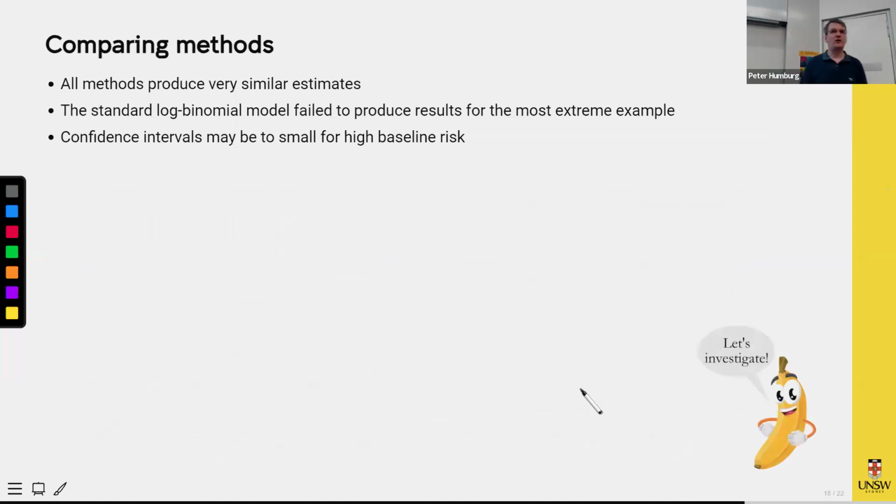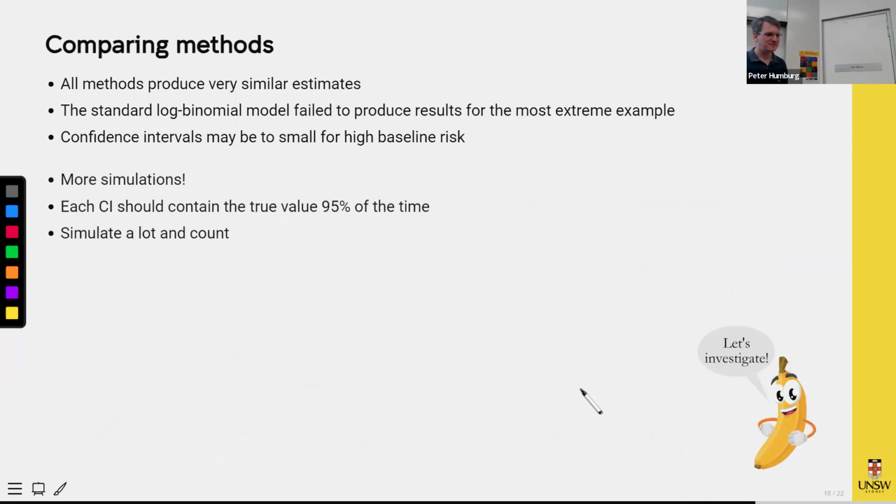Well, only one thing for it, we got to investigate more, right? So I simulated some more. So now what I did here is that I repeated the simulation, right? And generated new data from the same settings. And then each time I did this like 1,000 times for each of the 9 data sets. And then I counted how often each method produced confidence intervals that included the true value.